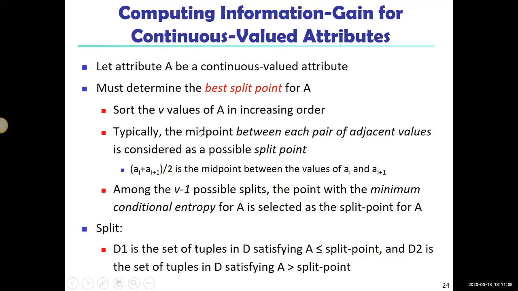Using this attribute, we can first sort the values of A in increasing order. Then we test the midpoint between each pair of adjacent values. It's considered a possible split point. We test every one of them and decide which one gives us the greatest gain. Then we can split on that point.